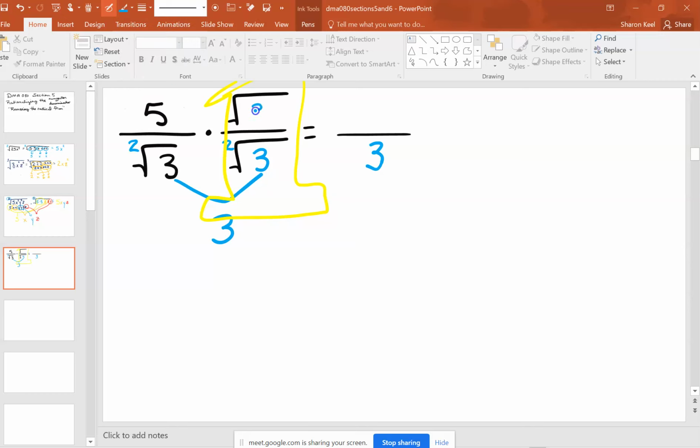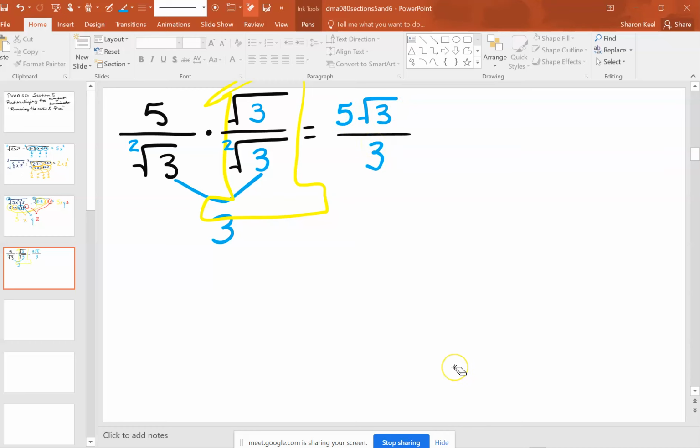So in my answer, I now have to combine what I have in the top, which is a 5 square root 3. Nothing here can simplify. The 3 under the radical, that's a whole number 3, and the fraction 5 over 3 itself does not reduce any further. And that's it. We have rationalized the denominator.